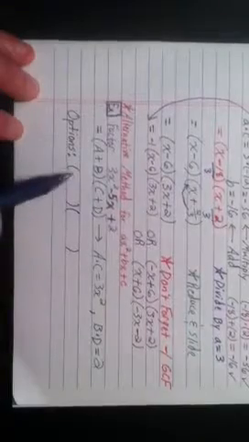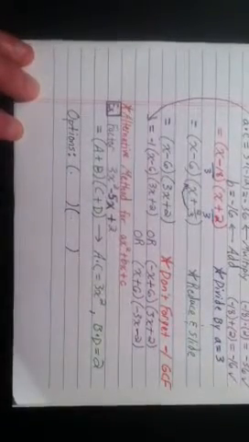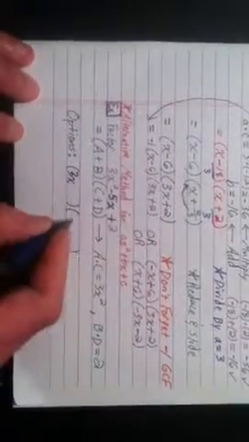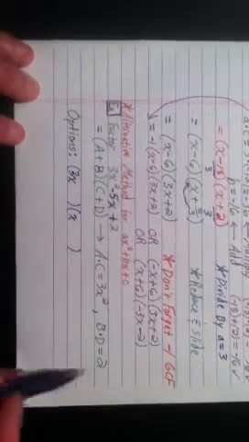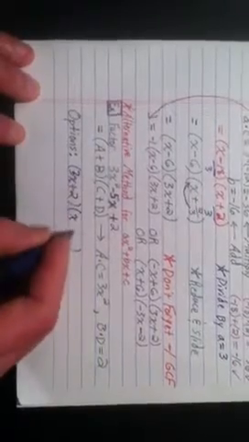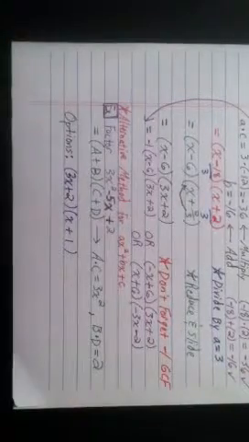Well, first of all, we know the first term here times this first term has to give us 3x squared. There's only one way we can multiply to get 3x squared. That's going to be a 3x and an x. Okay. And then one way that we could multiply to get 2 would be a +2 and a +1. So there's one possibility.